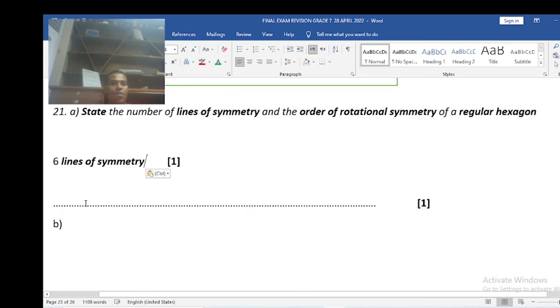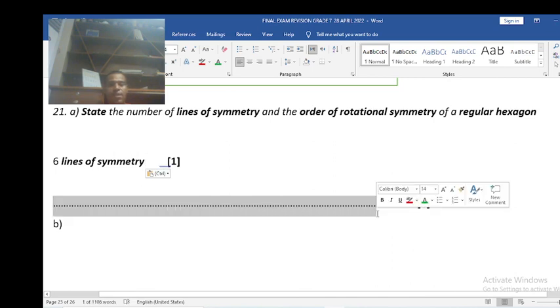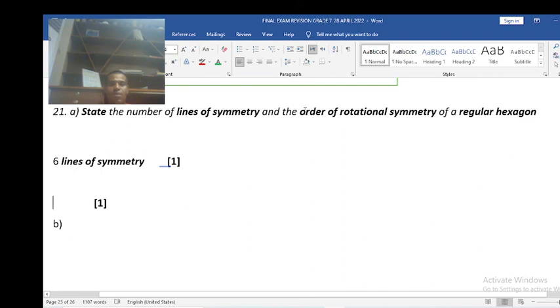Then for the second one, the order of rotational symmetry is order 6.